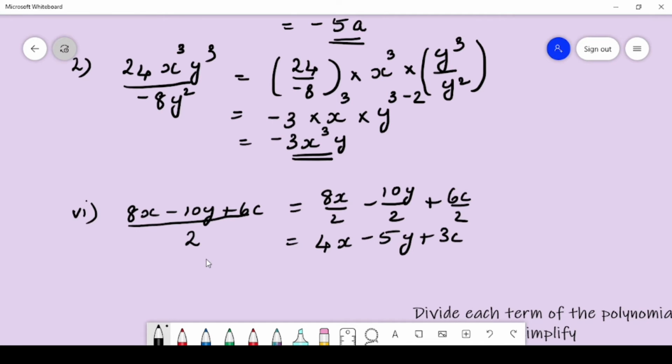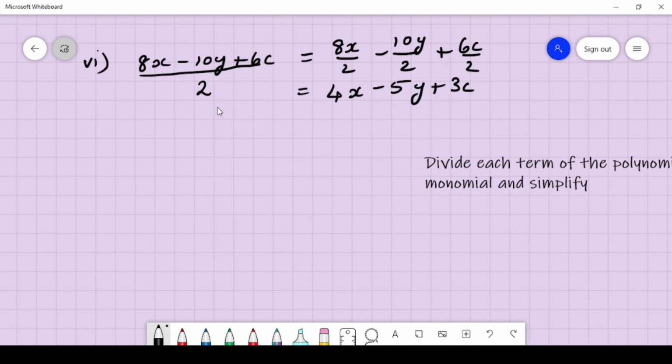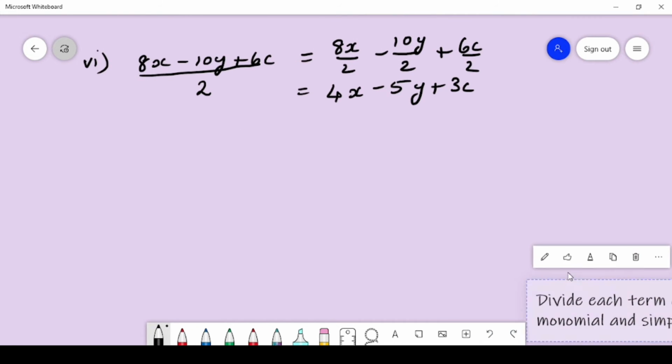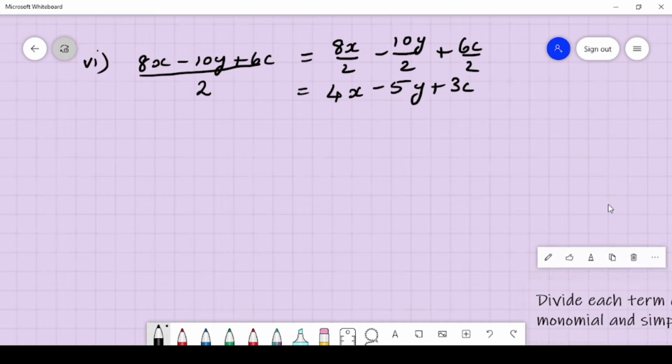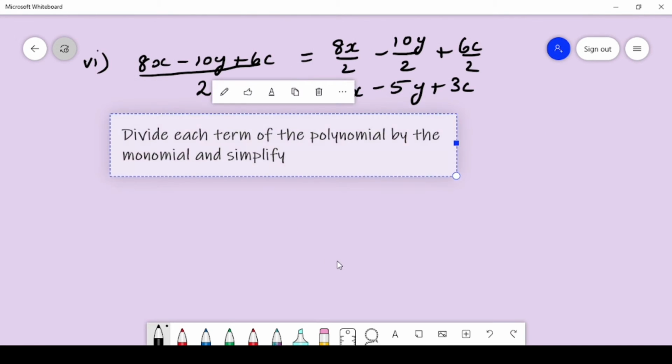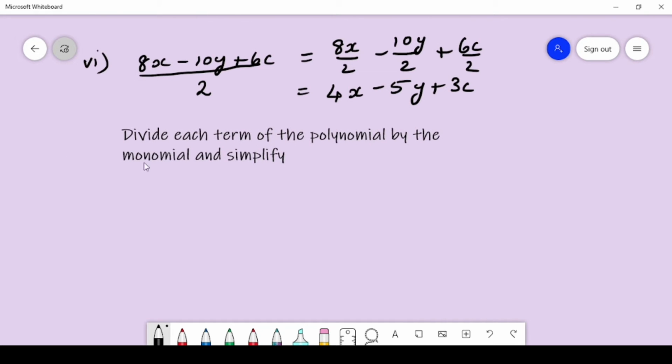Now we will move to the seventh question. Which method did we follow in the sixth one? We divided each term of the polynomial by the monomial, then simplified. That is the method we have to follow. The seventh one is also the same type.